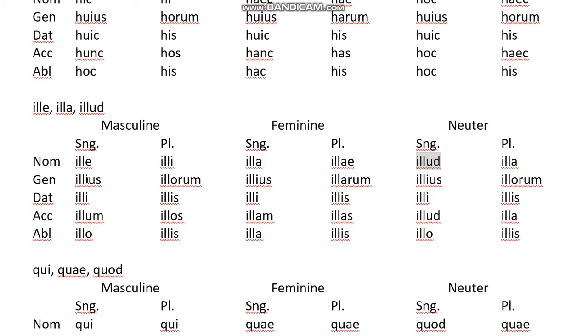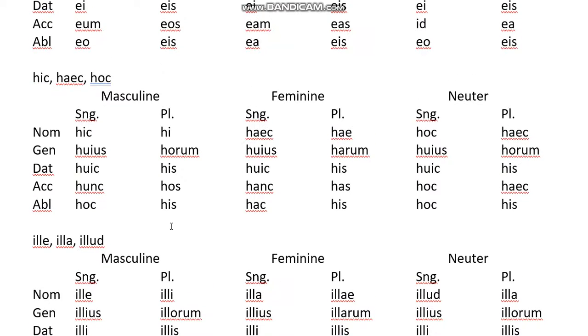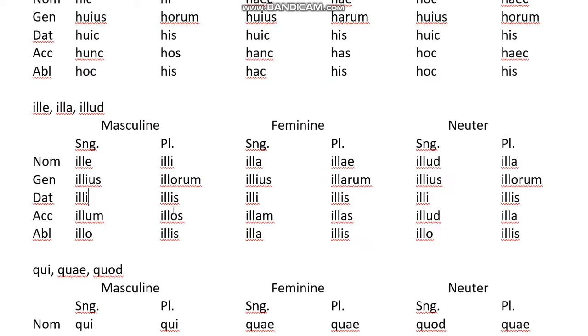And for the genitive singular and dative singular of all pronouns, including these and any other pronoun in the Latin language, the genitive singular always ends in ius across all three genders. The genitive singular, so the second one down, first one to the left, always ends in ius.